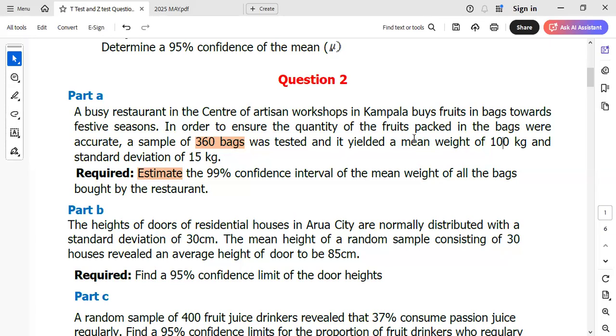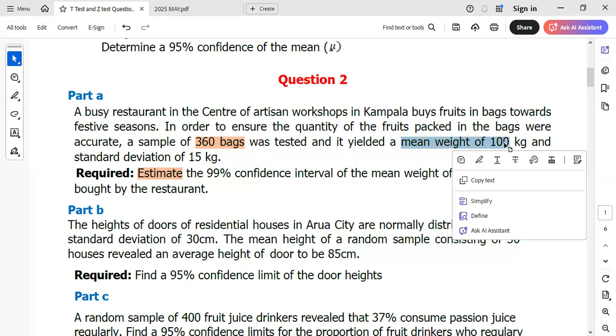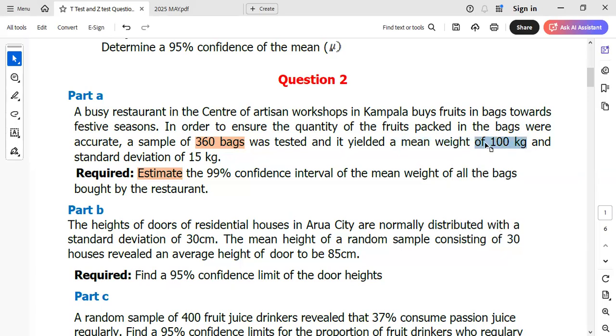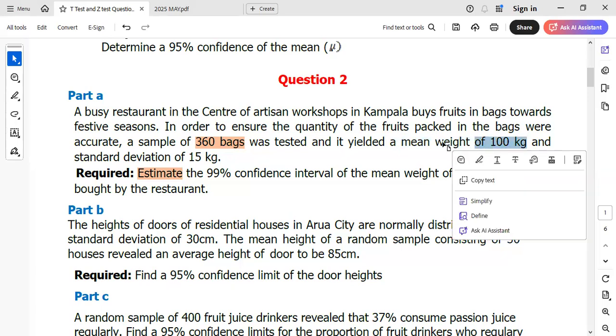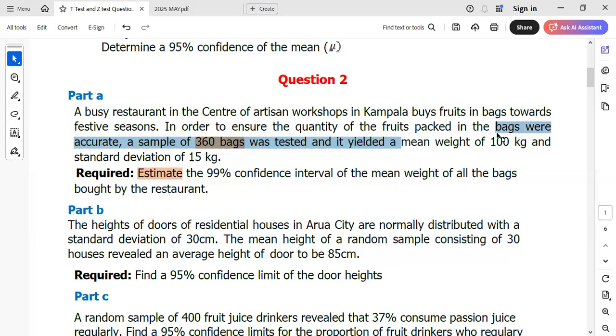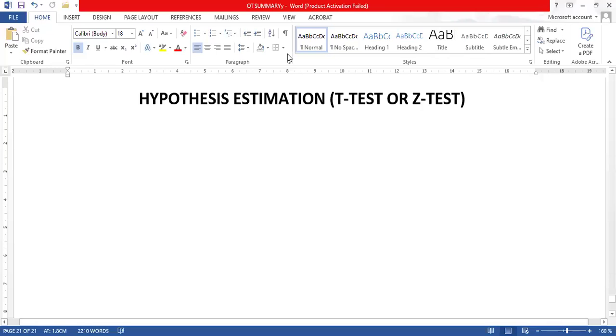So this is the sample mean weight of 100 kgs, and you have the sample standard deviation. It is a very, very easy number. But you find that sometimes it carries 8 marks, 5 marks, 4 marks, depending.